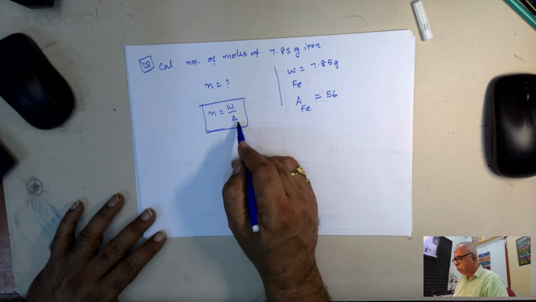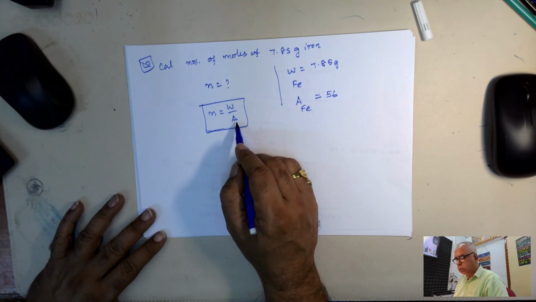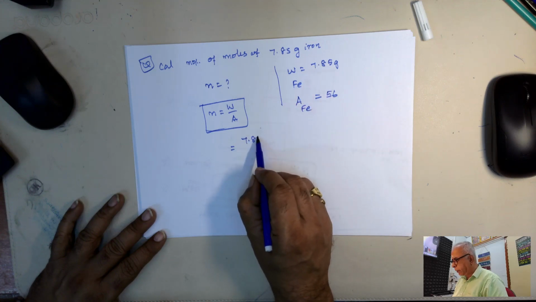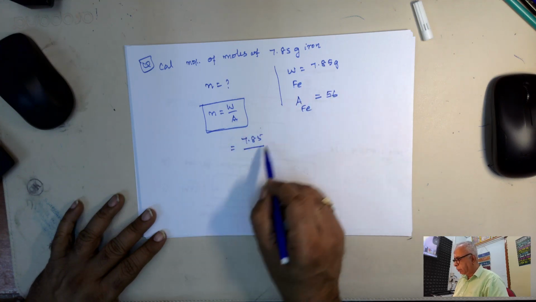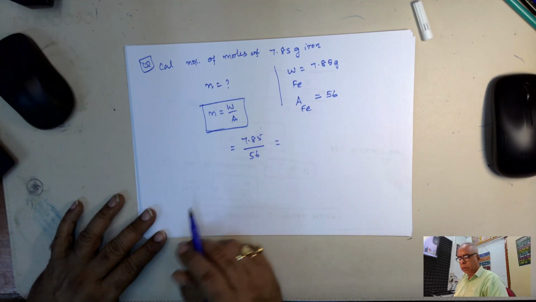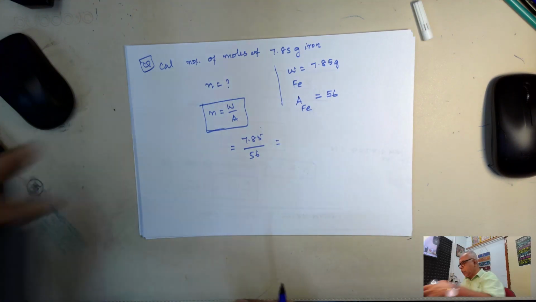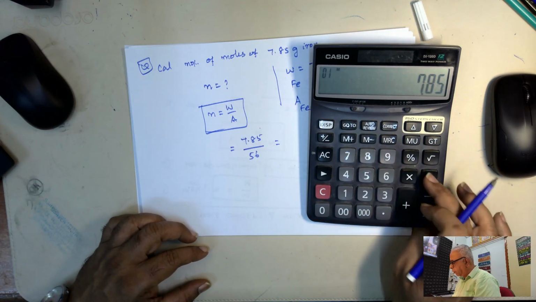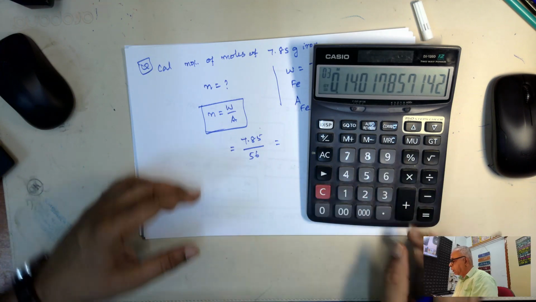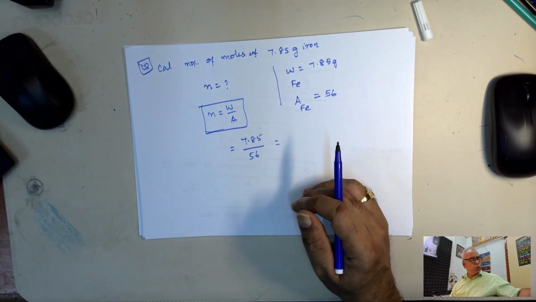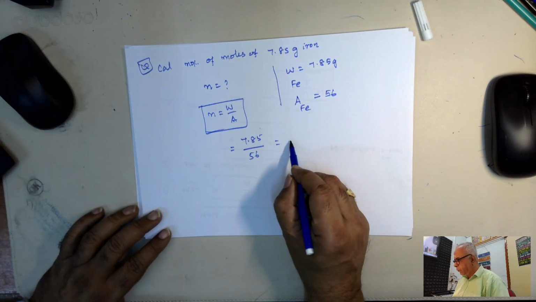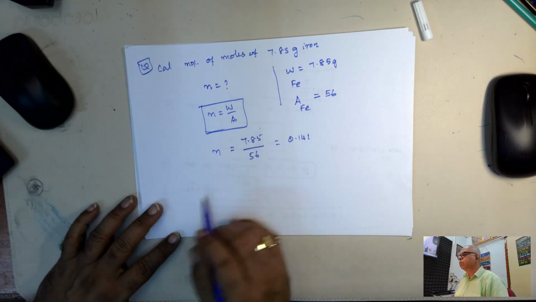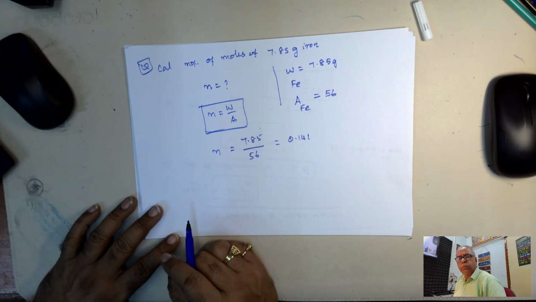So instead of molar mass, I have put atomic mass. The weight is 7.85, and atomic mass is 56. So what is the value? 7.85 divided by 56 is 0.141. So this is the number of moles of atom. Got it?